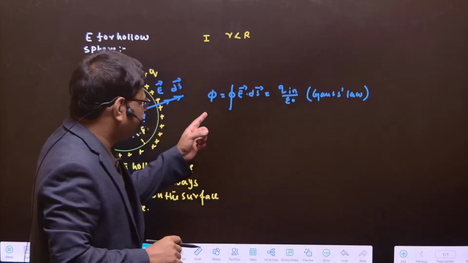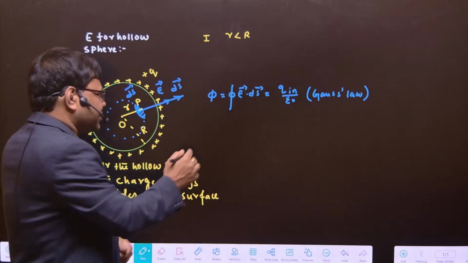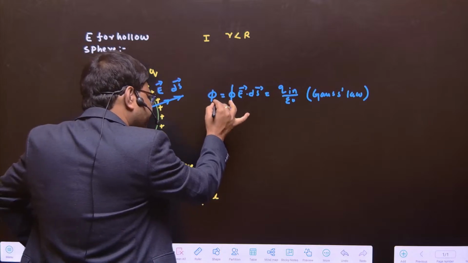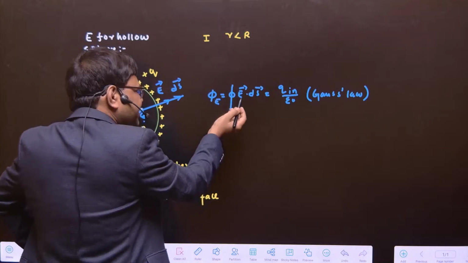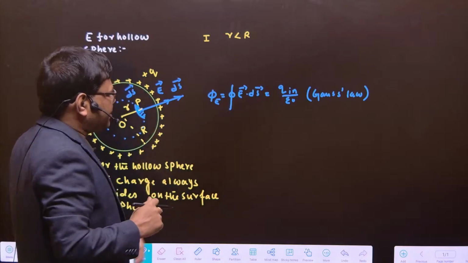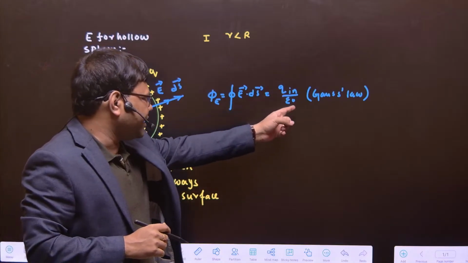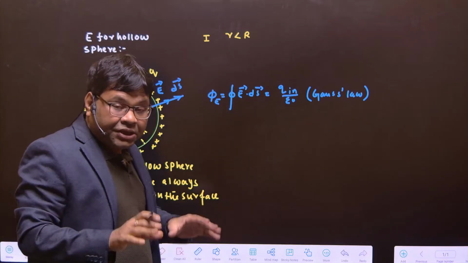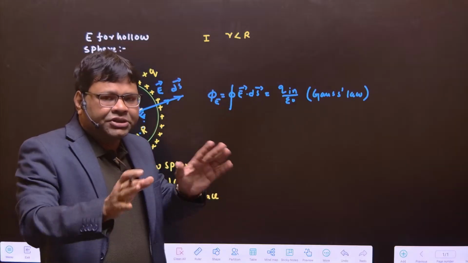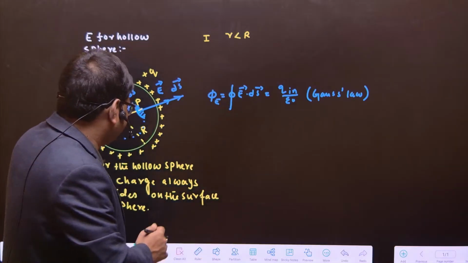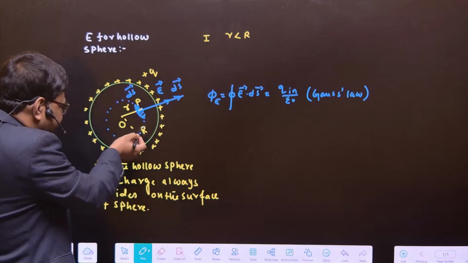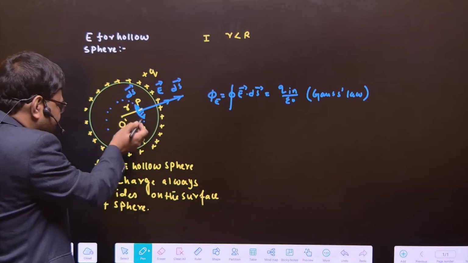Electric flux phi मतलब electric flux phi is equal to surface integral of electric field E vector dot ds vector is equal to q inside divided by epsilon naught. Q in मतलब total charge enclosed by the surface, that is, charge enclosed by this Gaussian surface.